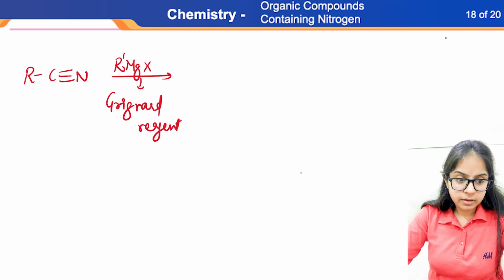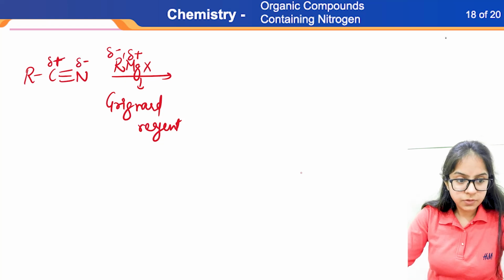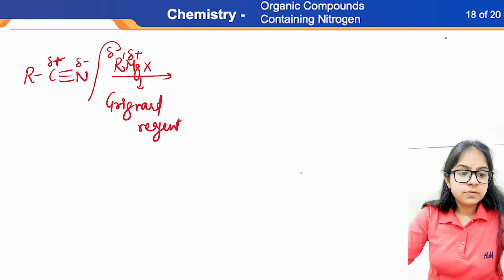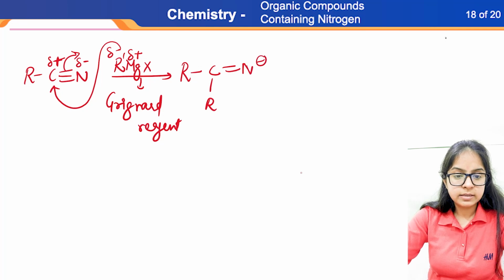Carbon is a non-metal and magnesium is a metal, so there is delta negative on carbon and delta positive on magnesium. The nitrile carbon gets a delta positive because it is electrophilic in nature, and nitrogen is nucleophilic in nature. So this delta negative will attack on this one and the triple bond is going to break, giving R C R double bond N negative MgX.